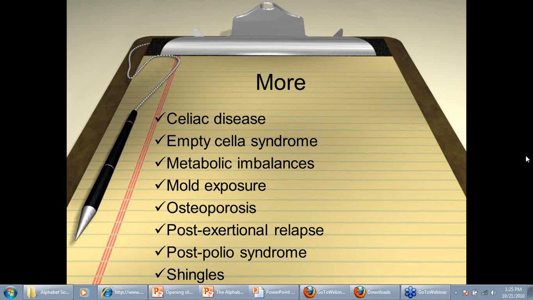So let's see. Mold exposure has been another one of those hot topics, and I would categorize it under the multi-chemical sensitivity exposure, in that these patients do become ill in an environment which is basically toxic to the patient.